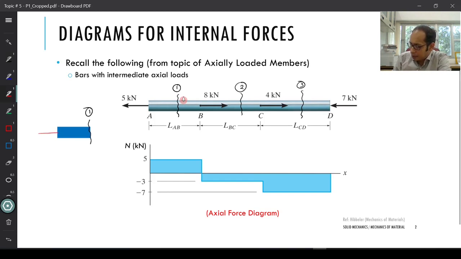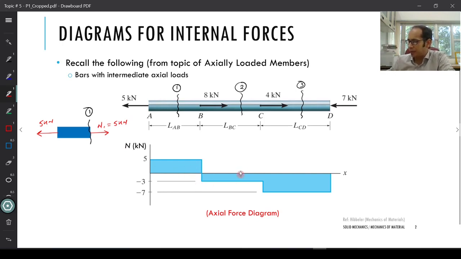Here I have a force of 5 kilonewton, so I am going to have an internal force over here in 1 as 5 kilonewton. So if I go ahead and draw the internal force in this segment from A to B, it is a tensile force, and for these internal axial loads, tensile is positive and compressive is negative. It's a type of convention. We had gone and drawn this 5 kilonewton over here.